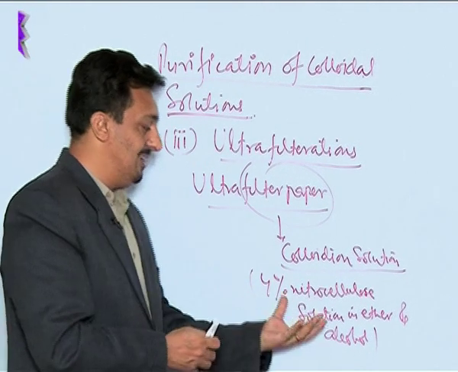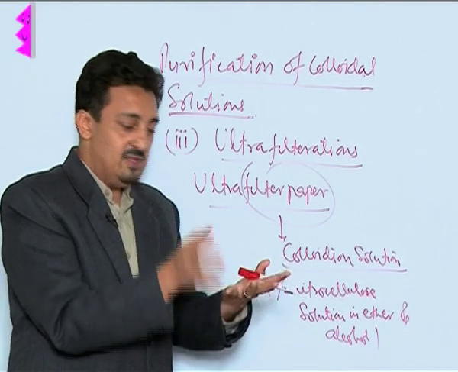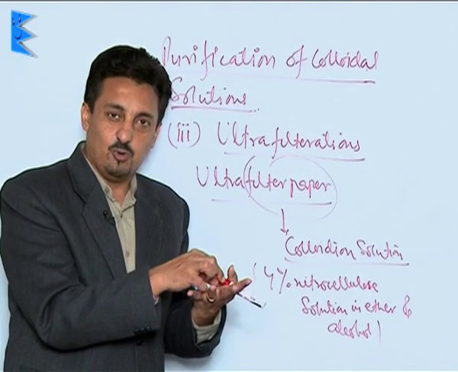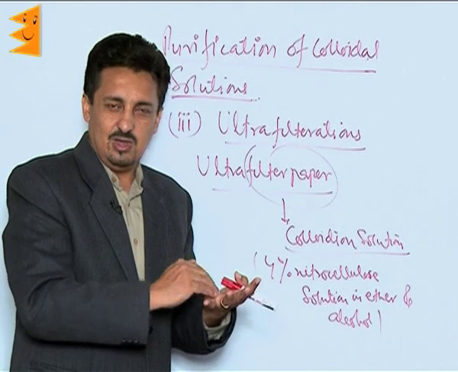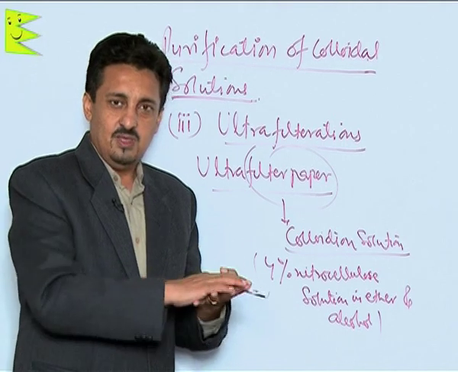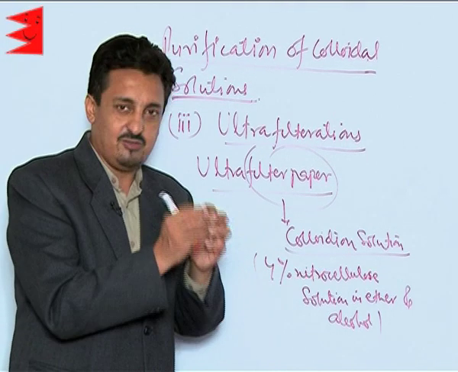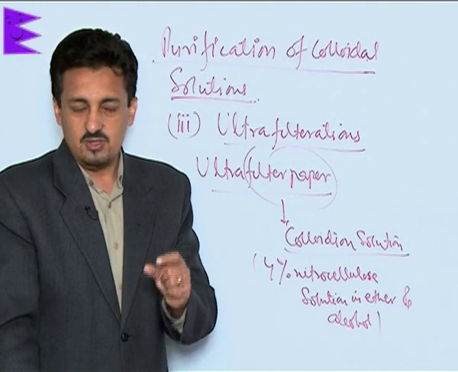Now this nitrocellulose solution in ether and alcohol is called collodion solution. The moment you dip the filter paper in this collodion solution, the nitrocellulose gets deposited on these pores and it reduces their size. Alcohol and ether being very highly volatile solvents, they just vaporize and leave the filter paper, leaving behind your nitrocellulose, which blocks those pores and reduces their size to smaller than the colloidal range.